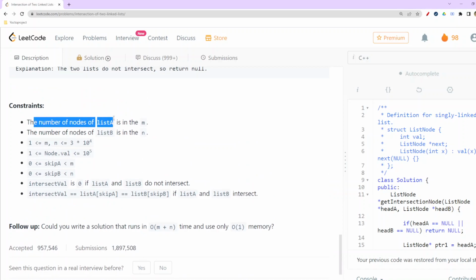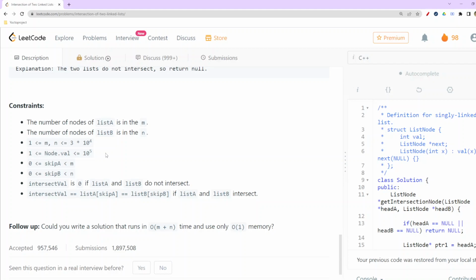The number of nodes of list A is m, meaning both of them have a different number of nodes, and the number of nodes can go up to 10 raised to the power 4, and the node value could go up to 10 raised to the power 5. But here we are not concerned with the node values, since we would only store values to check whether they are equal.